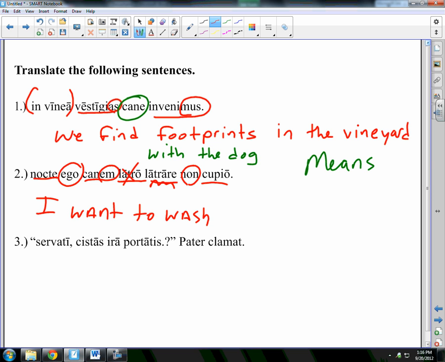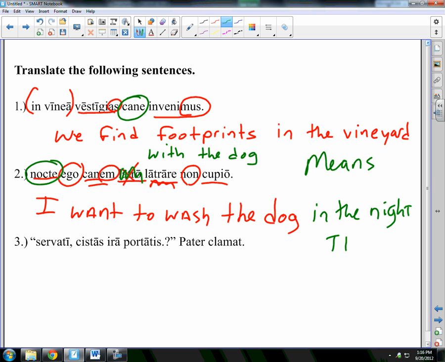Not sure latra belongs in here. I want to wash. What am I going to wash? Well, there's my direct object, the dog. And then I have that ablative nocte without a preposition. In the night. Again, nocte is a time word, and I'm sorry about that latra. That probably messed you up. Nocte is a time word, so I translate it as an ablative of time.